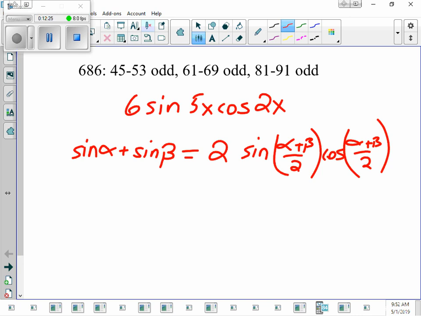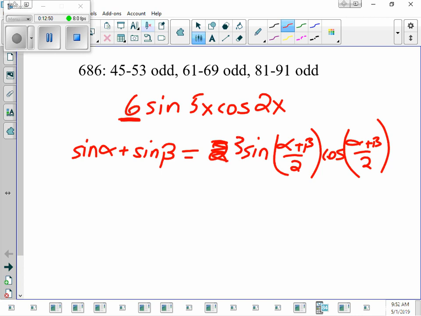Okay, now right off the bat, something's wrong. The 6 doesn't match up with the 2. Right? This doesn't work. So what do I need to do to the equation to make a 6? Times this by 3.